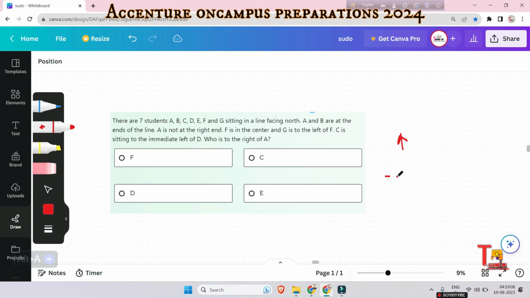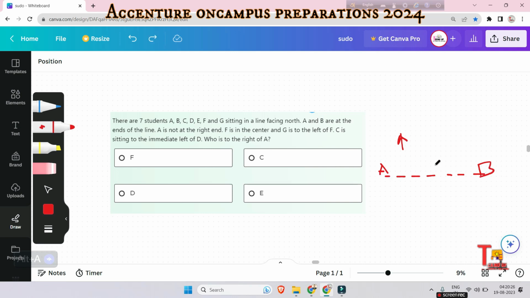So if A, B, C, D, E, F and G are sitting facing north, then A and B are at the ends, right? And A is not at the right end. That means A is at the left end, right? And so it can be concluded that B is sitting at the right end, right?